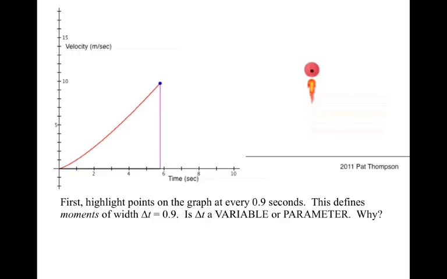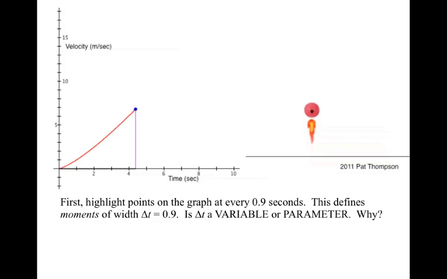Okay, and here's where we're going to introduce this notation delta t. Maybe you read about it. Delta t, as opposed to dt, we're going to define as the width of a moment. By highlighting these points every 0.9, delta t is the width of the moment. So is delta t a variable or a parameter in this situation?